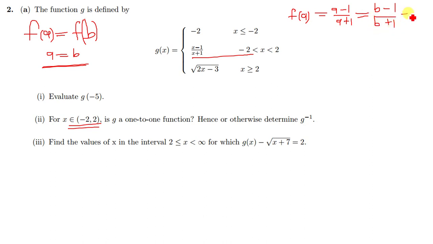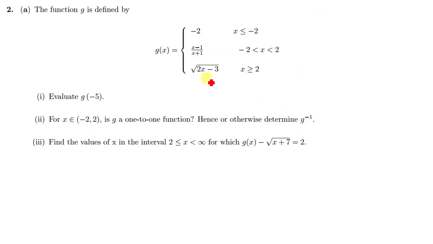So what you do here, you cross multiply. Once you cross multiply, you simplify the expressions there. You discover that the answer you get after simplifying is a equal to b, which implies that it's a one-to-one function. And then it's going further to tell us, hence or otherwise determine g inverse of x.